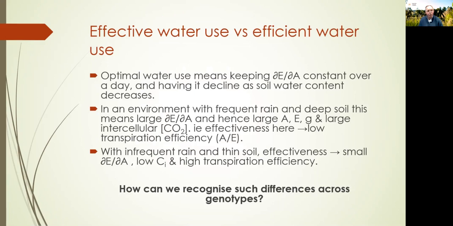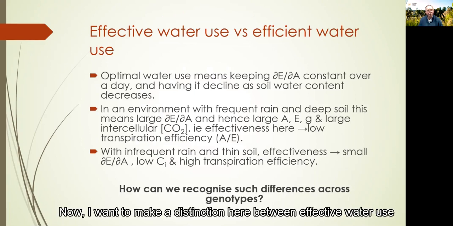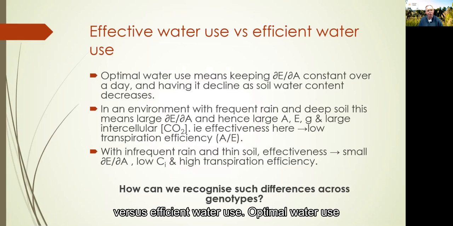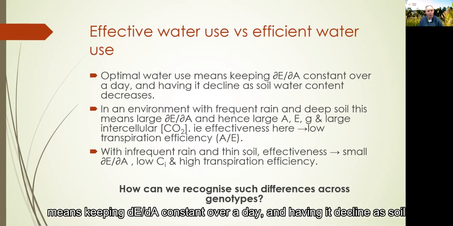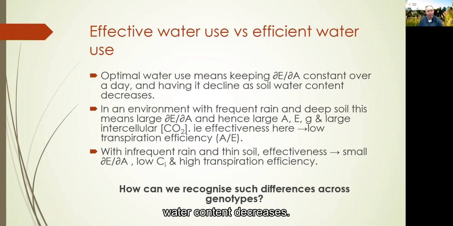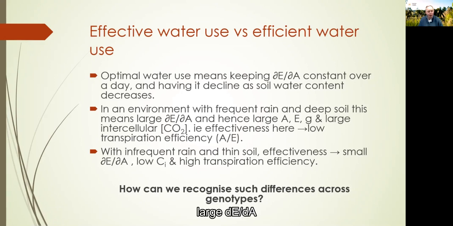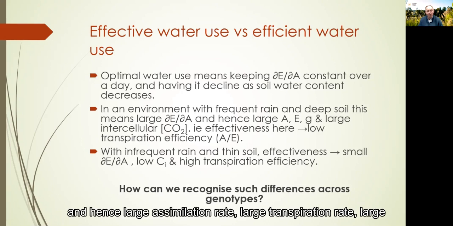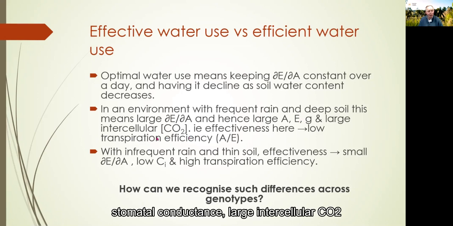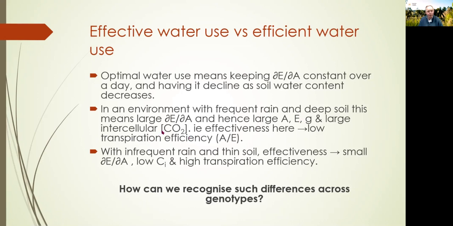Now, I want to make a distinction here between effective water use versus efficient water use. Optimal water use means keeping DDA constant over a day and having it decline as soil water content decreases. In an environment with frequent rain and deep soil, this means large DDA and hence large assimilation rate, large transpiration rate, large stomatal conductance, and large intercellular CO2 concentration.